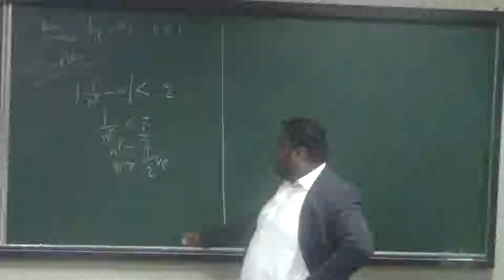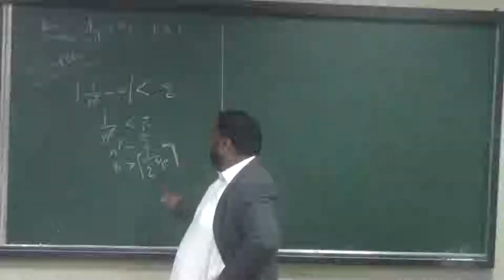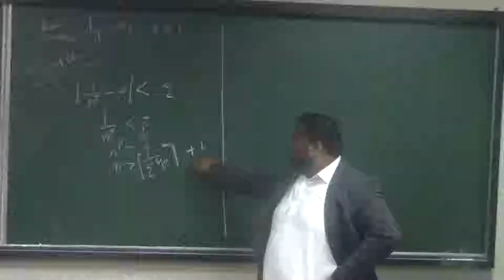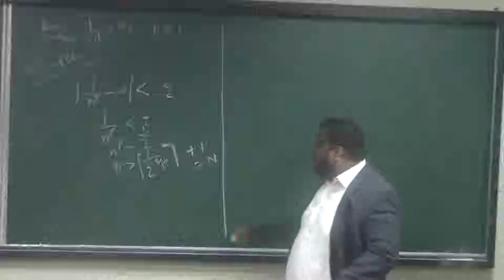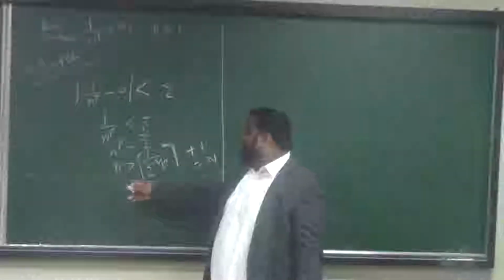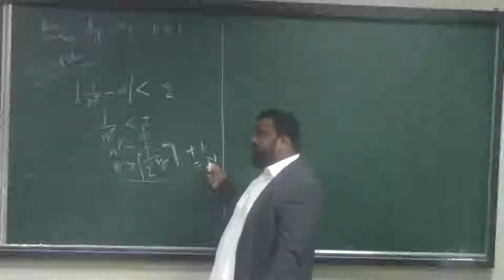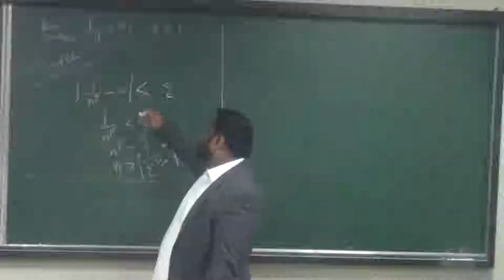So if I take this plus 1, then I can choose this to be my capital N. Then I can write a proper proof after doing the scratch work. If n is bigger than or equal to this capital N, then the difference between 1 over n to the p and 0 is going to be less than epsilon.